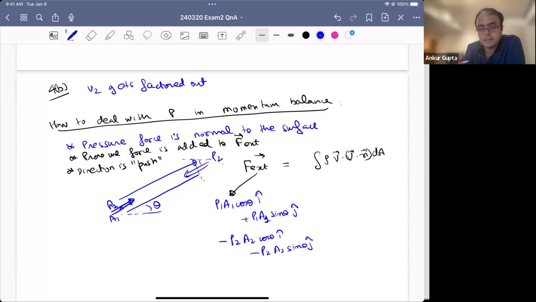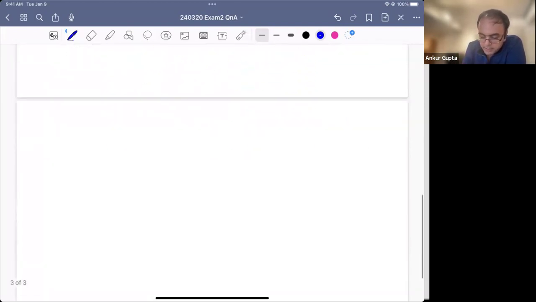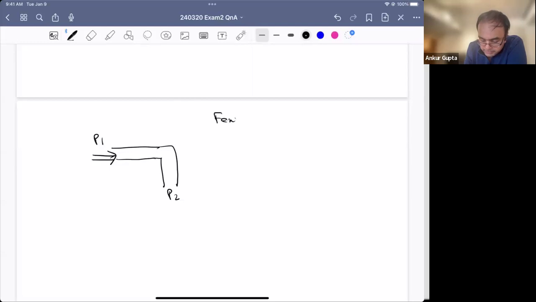So let's do one more example of this, which will hopefully make it clearer. Now let's say I had something like this, P1 and P2 here. Again, pressure will always push here. So F external again, with rho V vector V dot n dA. I'm doing it in the vector form right now, but in your exam and your homeworks you have done it in X and Y separately.